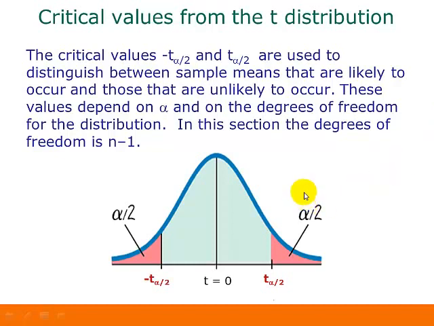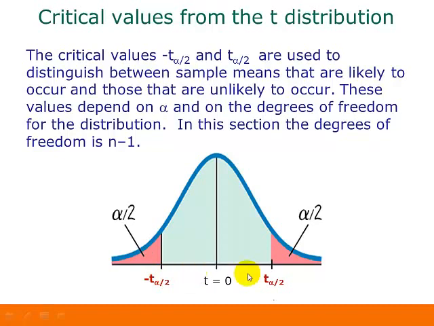So here's what our t-distribution is going to look like, and this looks just like what we did with the critical values from the standard normal distribution. Again, we're going to take our confidence level and use that to find alpha. Then we're going to split alpha between the two tails of our t-distribution, and then we're going to find our cutoff values, which will be our critical values.